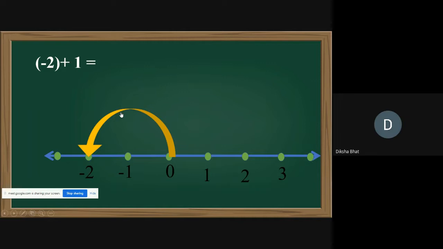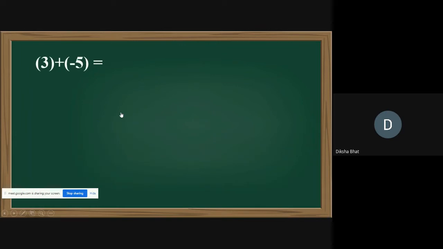So, on which side will we move, to the left of 0 or to the right of 0? Right. Yes, to the right. So, where did we reach? -1. So, what will be the answer of negative 2 plus 1? -1. Yes, correct.